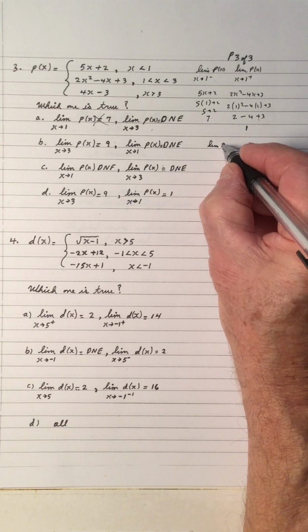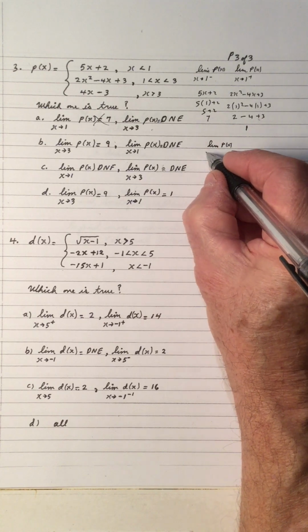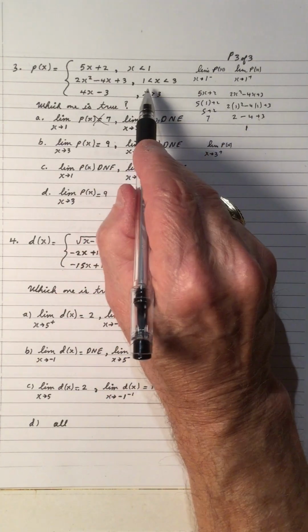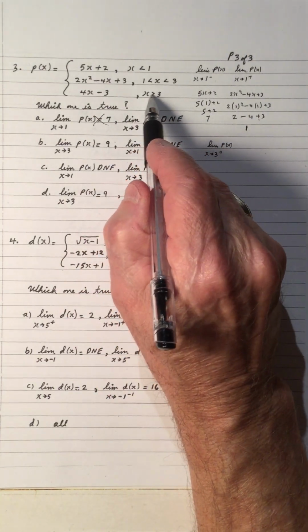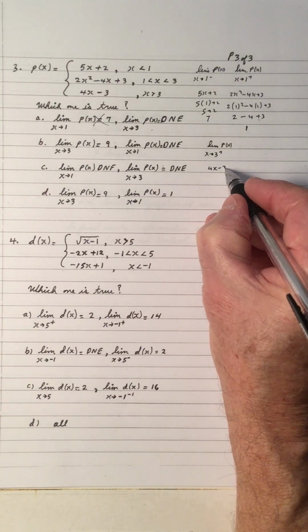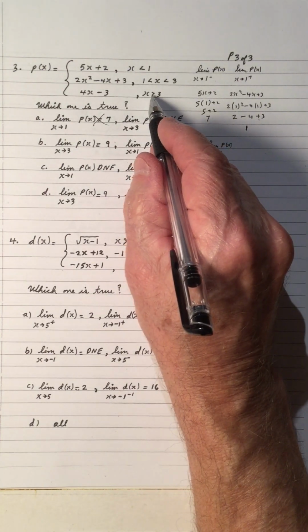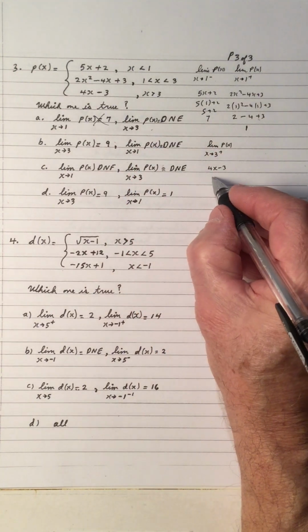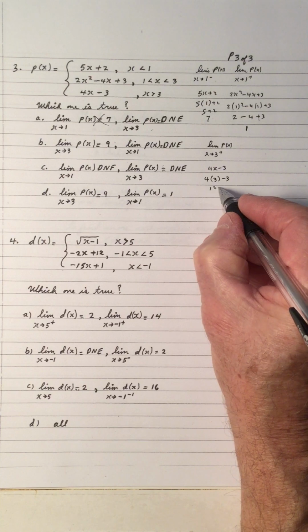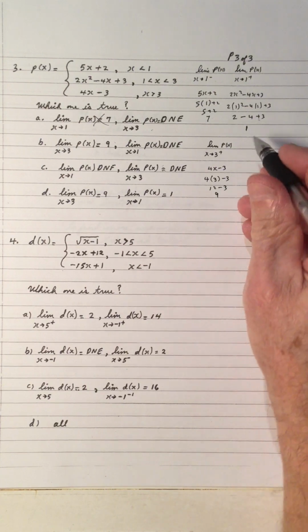So the limit of p of x as x approaches 3 on the positive side. If you approach 3 on the positive side, that's right here, so that's 4x minus 3. Positive side is greater than 3, so we're approaching 3: 4 times 3 minus 3, 12 minus 3 is 9.